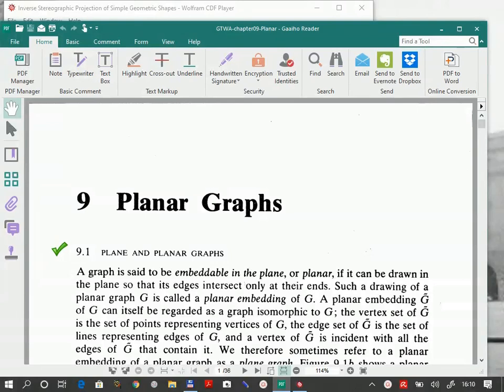Going like this, C. Going like this, D. Going like this, E. Going like this.